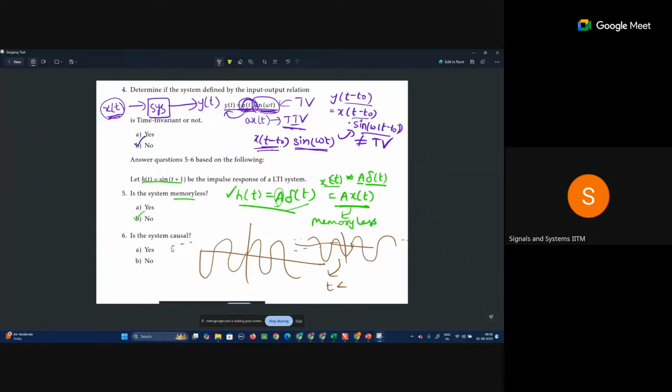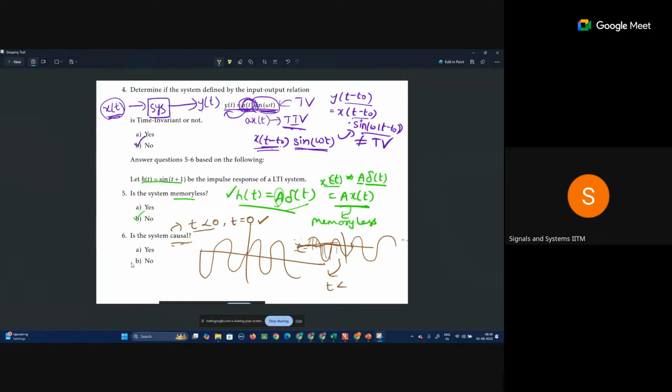So the condition to check causality is, if for t less than 0, h(t) has to be 0, then only it will be causal. But here, even though t is negative, there are some values other than 0, right?